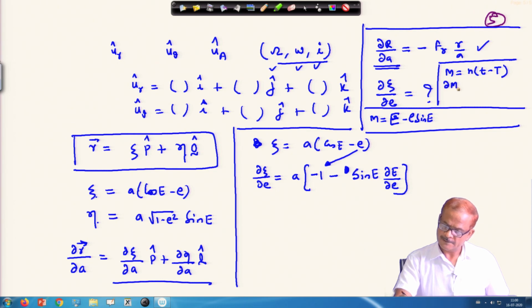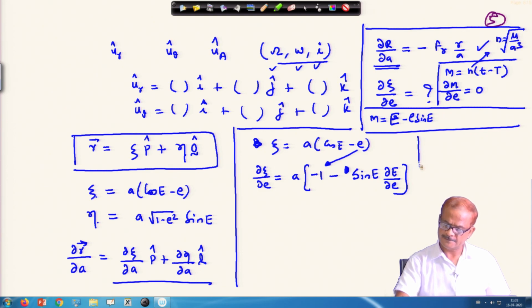So first we write ∂M/∂e. Now if we look, n is a function of a, n equal to square root of μ by a cubed. So n is not a function of e. Only a is appearing, and therefore this quantity is 0.